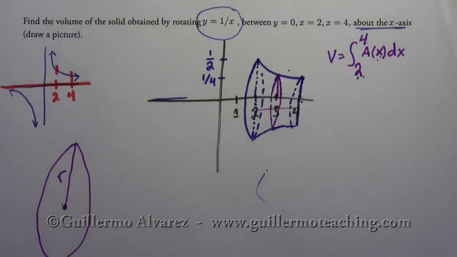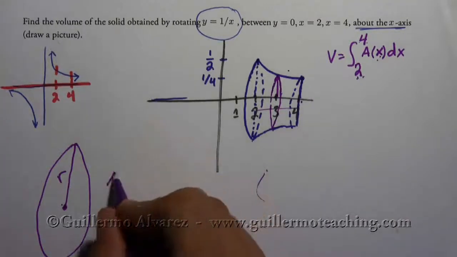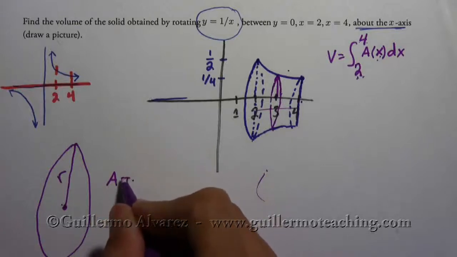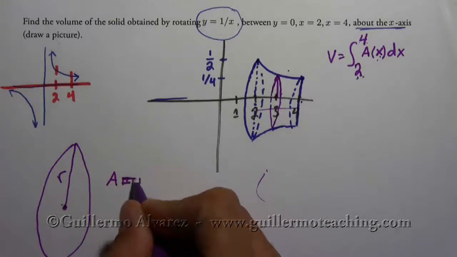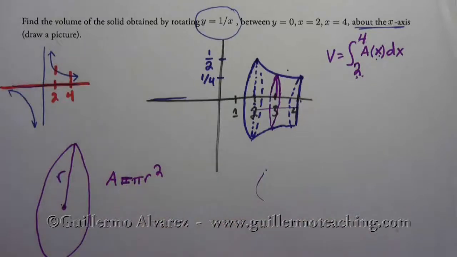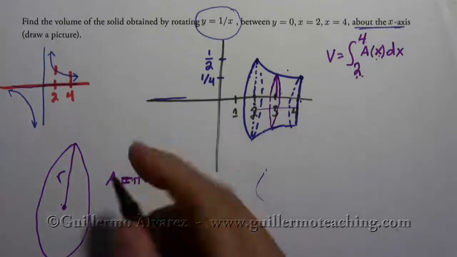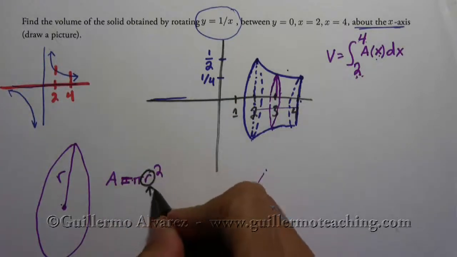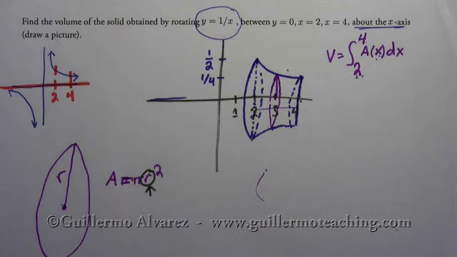To find the area, the area is equal to pi r squared. Now, I need to figure out a way to write down the radius in terms of my variable, which in this case is x.